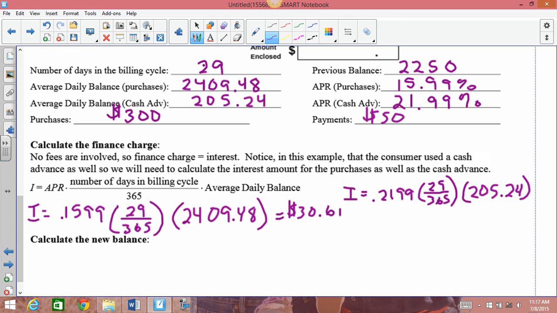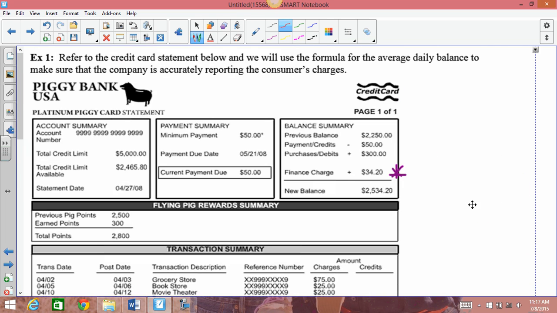Multiply all of that through, and you should get $3.59. Take these two values and add them together, and you have your total finance charge of $34.20. Okay, so we have ultimately verified, yep, indeed, finance charge, that's tracking.